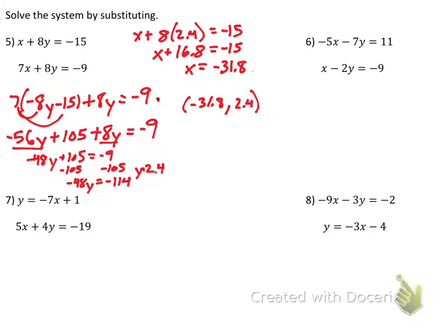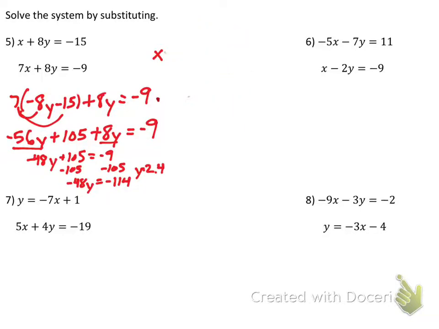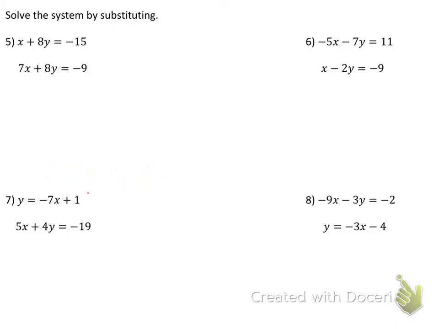Now that one seems wrong right off the bat, so let me check my answer. And it looks like I am incorrect on this one. So I'm going to retry it. This one's a little bit more difficult. I must have screwed up somewhere. So I'm going to do the same thing again. I'm going to minus 8y.